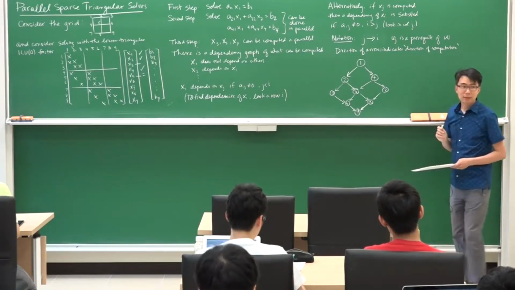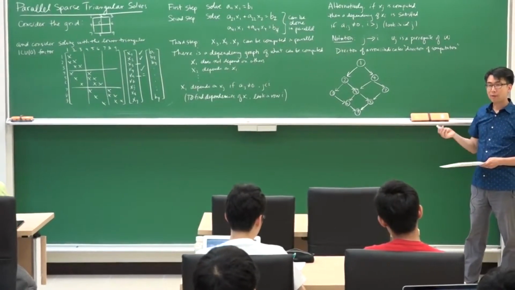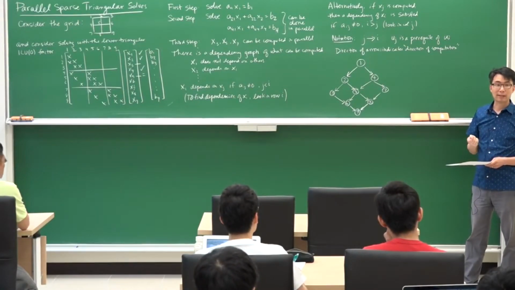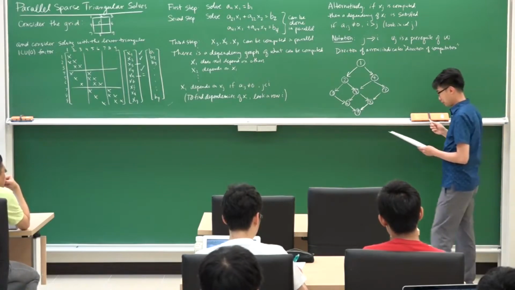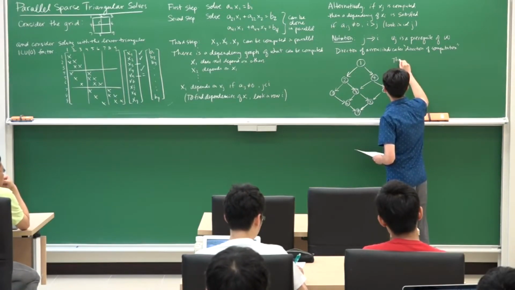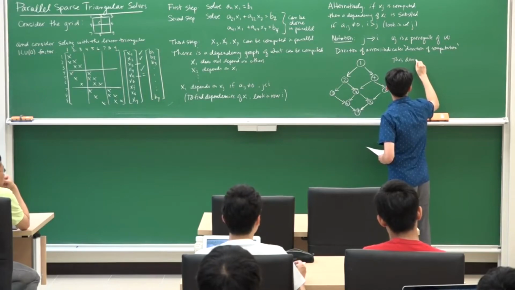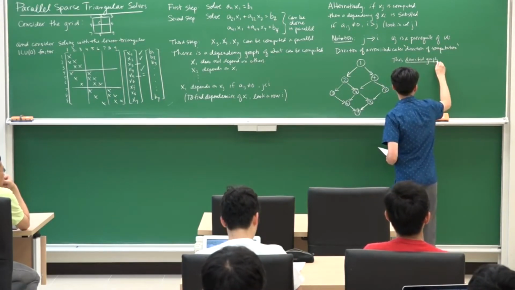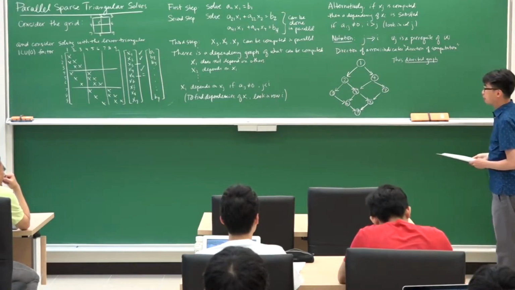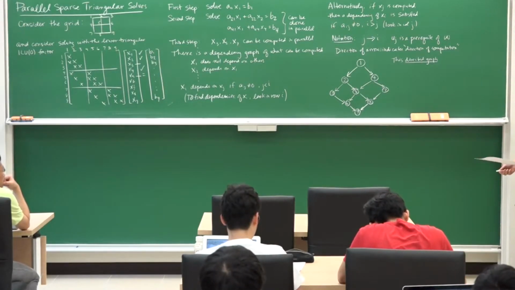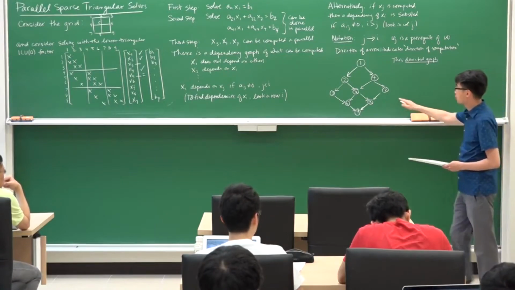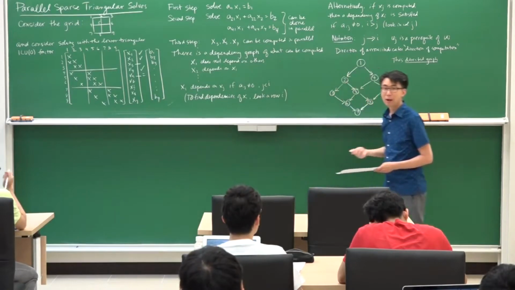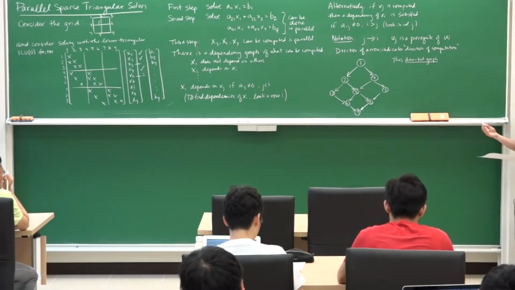It's a little bit different than the graphs we drew before because there are arrows on the edges. And when there are arrows on the edges, we call it a directed graph. Okay? And this directed graph is the graph of the lower triangular matrix. Okay? So this is the graph of this lower triangular matrix. So non-symmetric matrices have directed graphs.